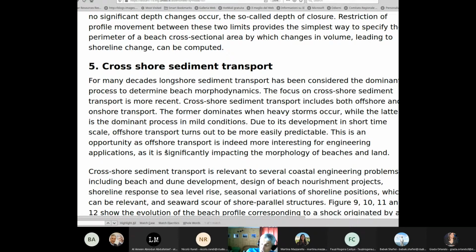So, in the long term, the shape of the beach is dominated by the longshore sediment transport, and this is also given by intuition, because you consider that the longshore sediment transport is the real responsible driver of moving the sand from the mouth of the rivers to the remaining part of the coast.